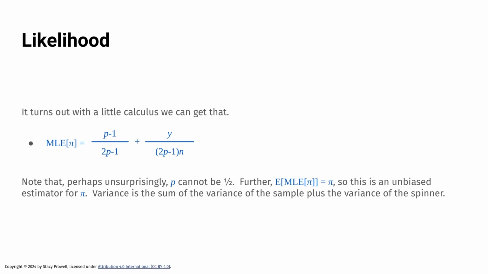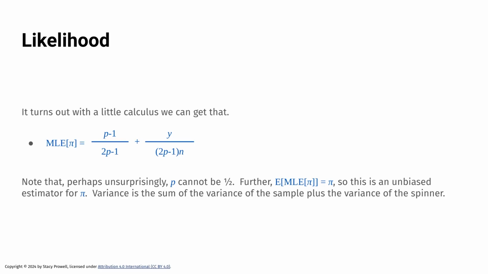P, we know, that's our probability. N, we know, that's the number of pieces of data. And notice that the denominator has a 2p minus 1 in it. What if p is 1/2? If p is 1/2, 2 times a half is 1. 1 minus 1 is 0.